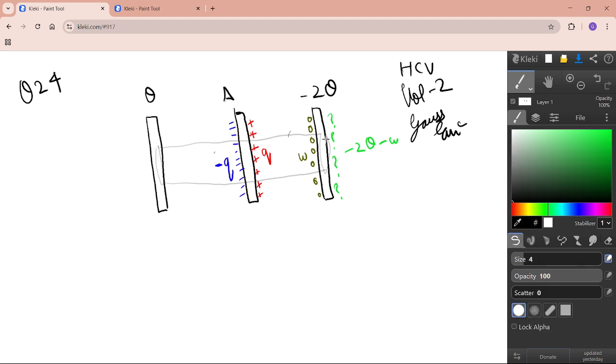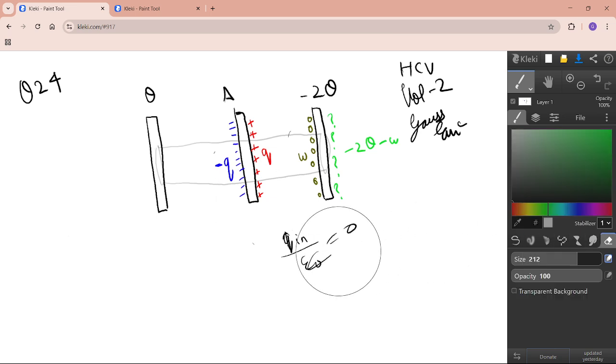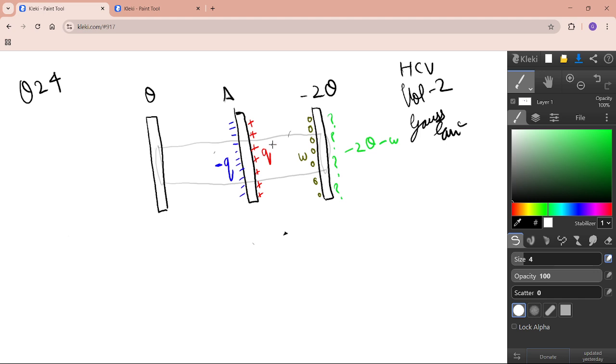On this side, of course, the electric field must be zero, and on this side the electric field must be zero. As the electric field is zero, the charge inside upon epsilon naught must also be zero. So the charge inside must be zero. This is plus q minus q, which is always zero. Now, the only charge present here is this omega that we assumed, so because the net charge is zero inside, the charge present here must be minus omega.